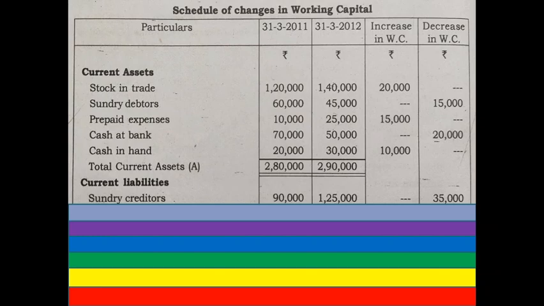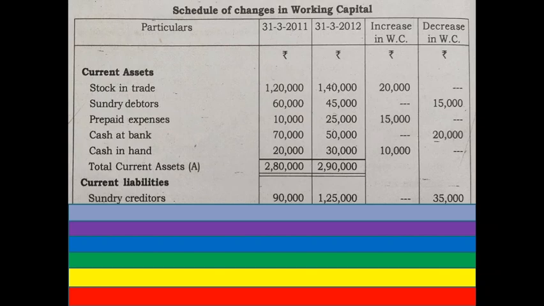Remember, in case of current liability, if there is an increase, it will lead to decrease in working capital. So the difference in the amount of creditors is 1,25,000 minus 90,000, you will get 35,000, and it has to be shown in the decrease in working capital column because there is an increase in current liability.